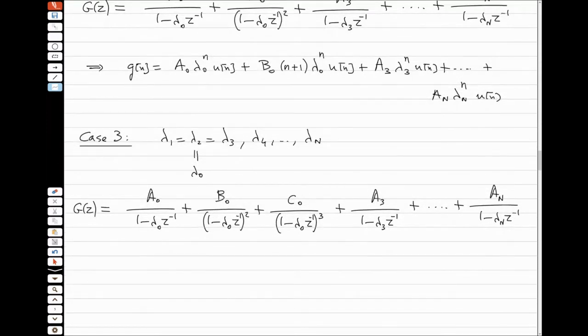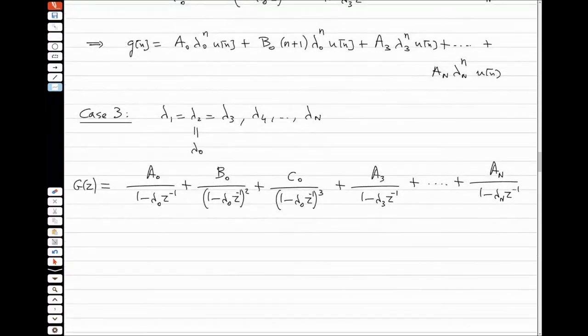You are going to have also similar formulas for A0, B0, C0. But the question is, we don't know what is the inverse transform of the cube. We don't know that.